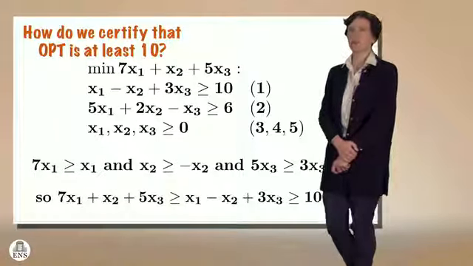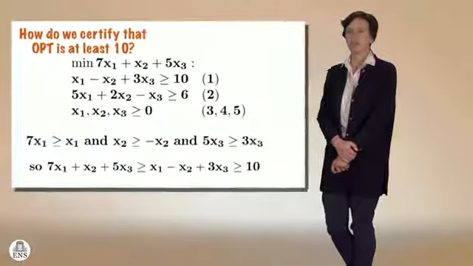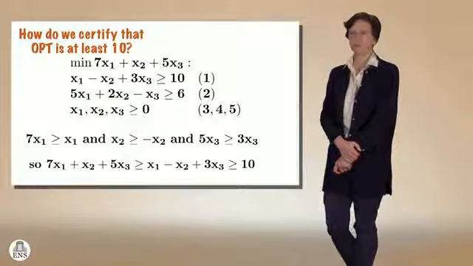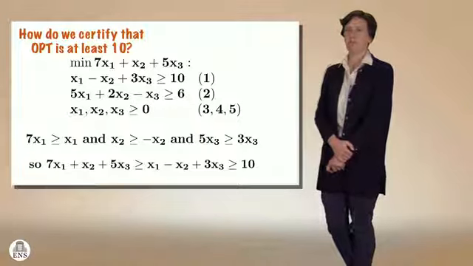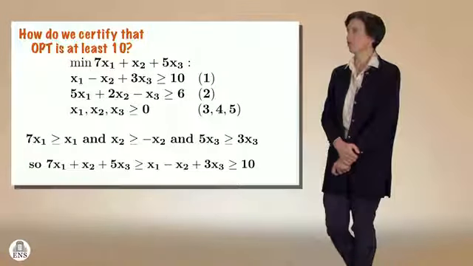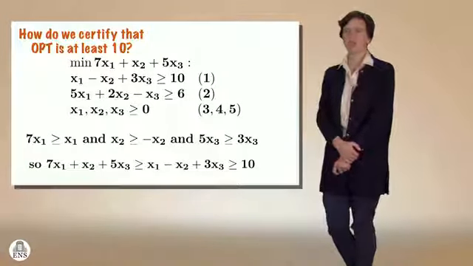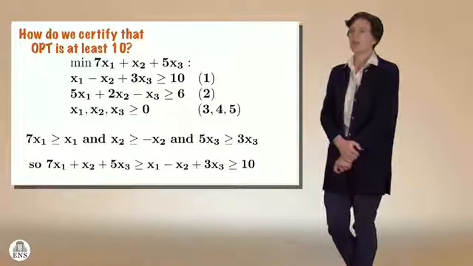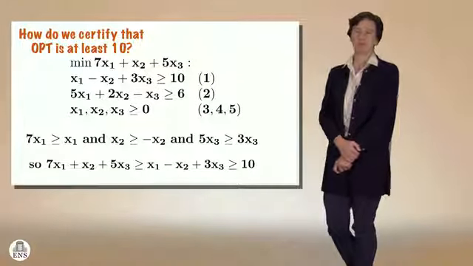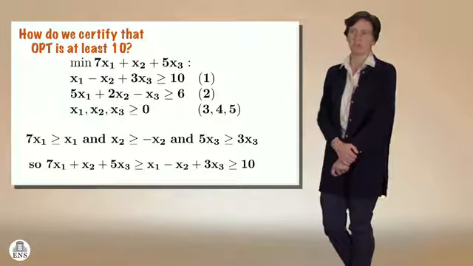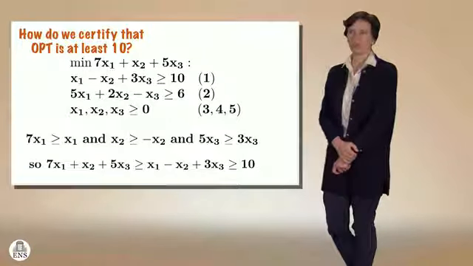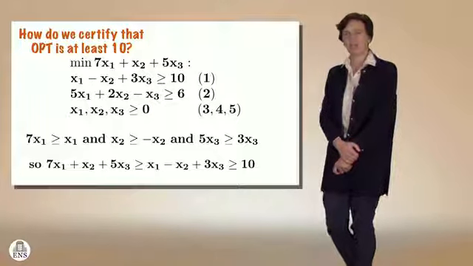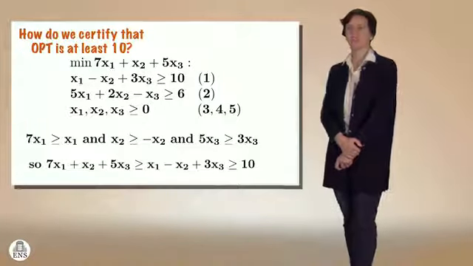So let's look at 7x1 plus x2 plus 5x3. Compare this to x1 minus x2 plus 3x3, the first constraint. Let's look at the coefficients one by one. 7x1 must be greater than x1 because 7 is greater than 1. x2 must be greater than minus x2 because x2 is non-negative. 5x3 must be greater than 3x3 because x3 is non-negative.